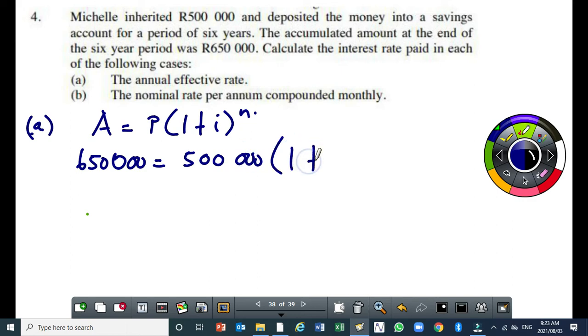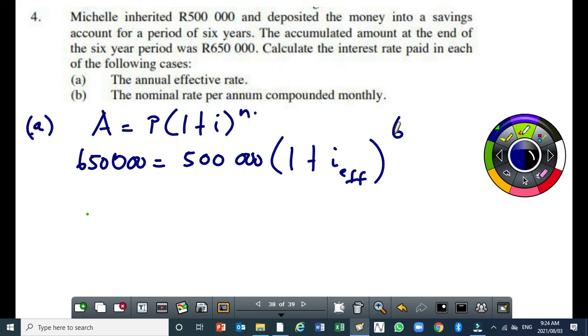The i that we are trying to calculate here is the annual interest rate, which is the effective interest rate, so I can put i EFF. Then n, the number of years, is 6. That value that we get, we need to use it in part B.